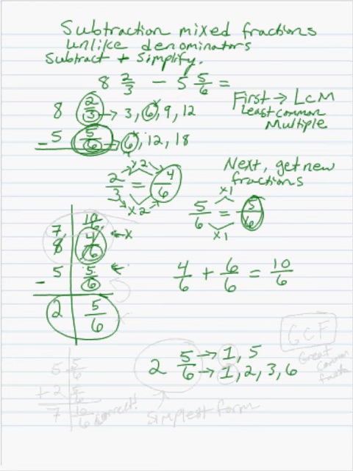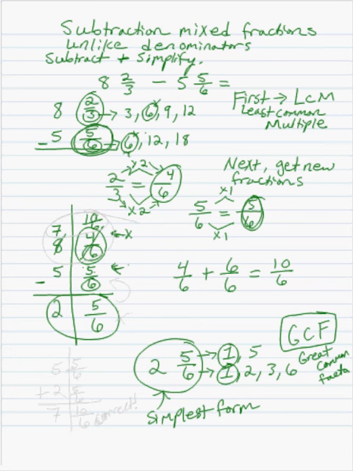And since the greatest common factor, or the GCF, when we're simplifying, we're looking for the greatest common factor is 1, that means we cannot simplify. So this is our simplest form. And that would be our answer.